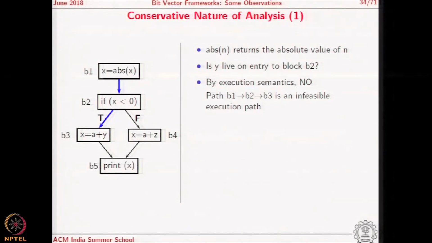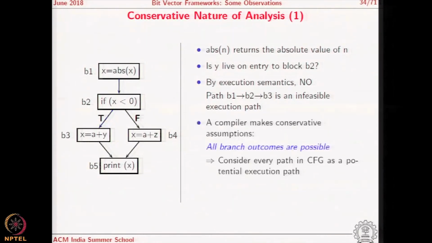So, we assume every path, every branch outcome is possible, and therefore we ignore whether this is the true branch or false branch, and because of this conservative assumption, a compiler makes y live.